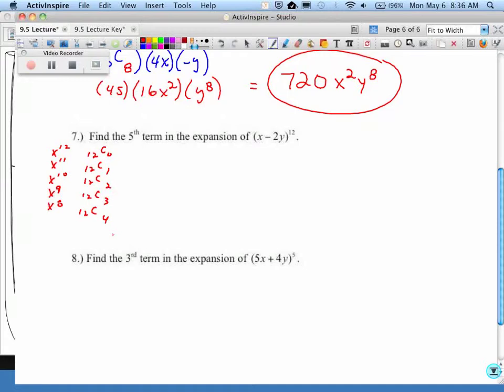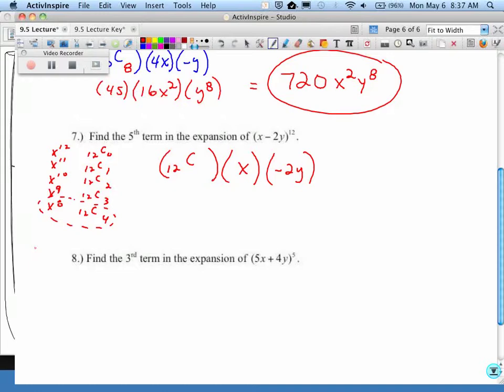So it'll be 12C something, x raised to some power, negative 2y also raised to some power. So you guys are thinking right here. You don't have to do both of those. Once you plug one of them in, the rest of the numbers will fall into place. Trey, do you know what this number is?